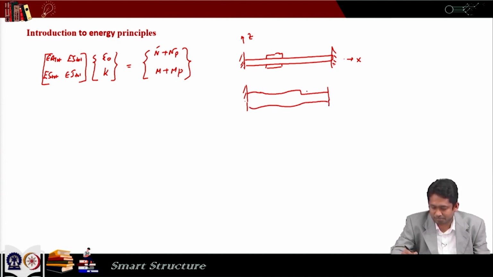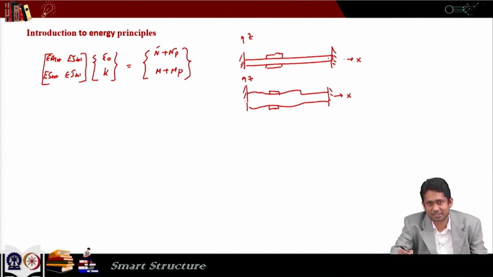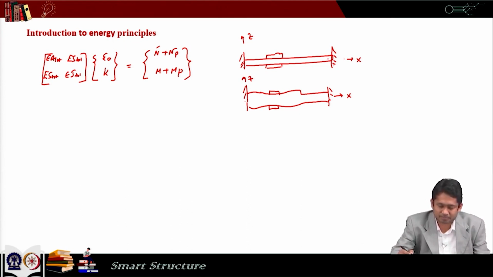And then suppose we put a piezo maybe somewhere here. In that kind of cases, getting a solution is not as straightforward as it was for this case when we did not have this extra fixed end, I mean when the problem was statically determinate. So, we generally use energy based principles for solution of this kind of problems.